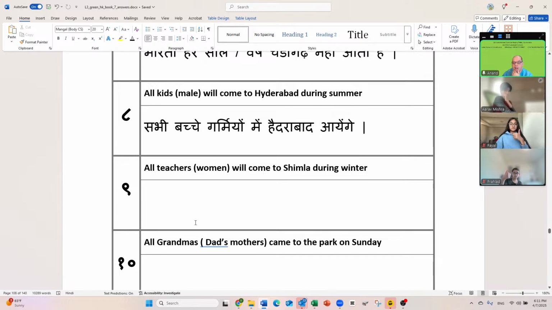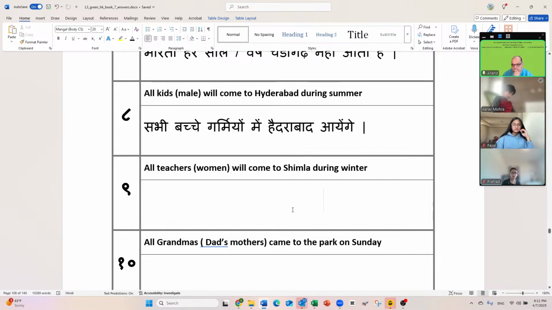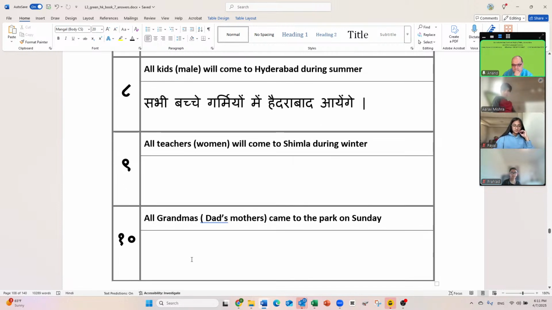Okay. Next one, let's have Arav do it. All teachers will come to Shimla during winter. सभी शिक्षक, शिक्षिकाएं, शिमला.